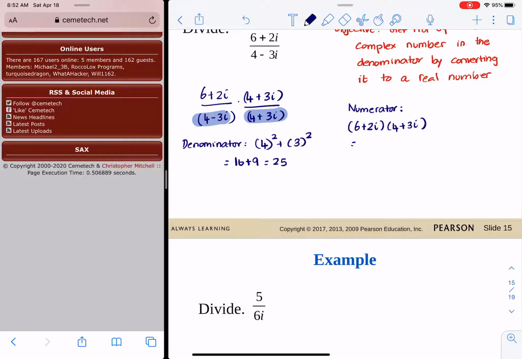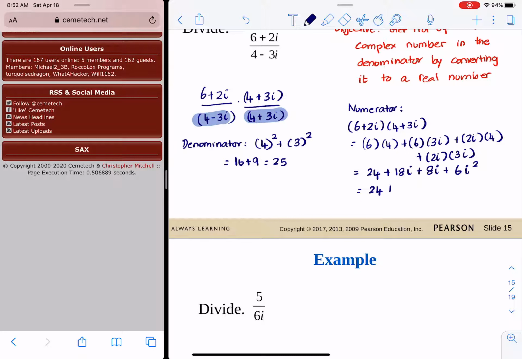We distribute and FOIL, so we have 24 plus 6 times 3i plus 2i times 4 plus 2i times 3i. 6 times 4 is 24. 6 times 3i is 18i. 4 times 2i is 8i. 3 times 2 is 6. i times i is i squared.